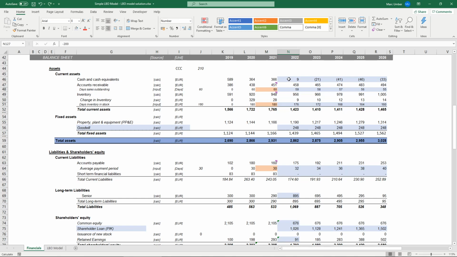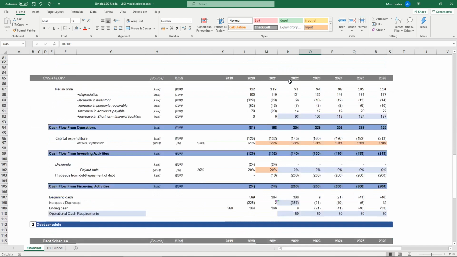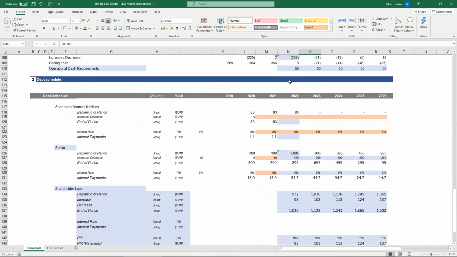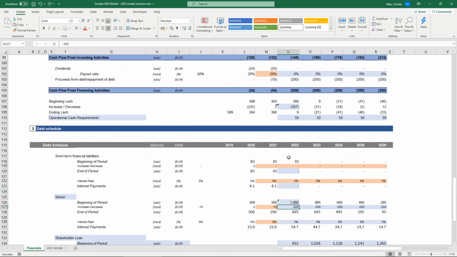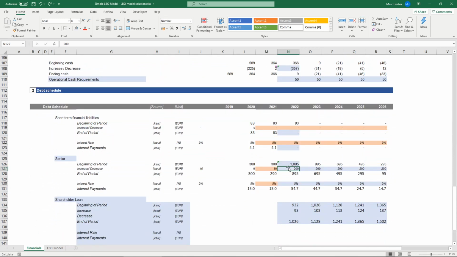balance, which is mainly due to the fact that we pay out too much. We are left with 9 million in the end of 22 and minus 21 million in 2023. And this is due to the assumption that we pay out 200 in debt pay down. So we know that 200 is too much.